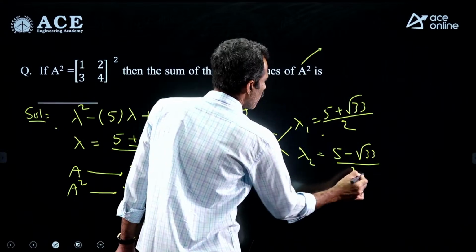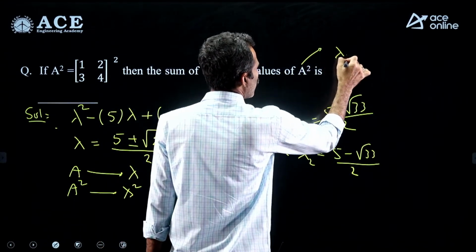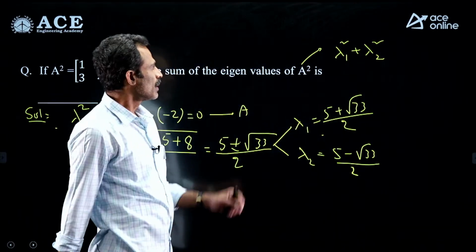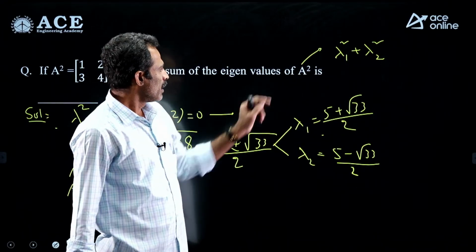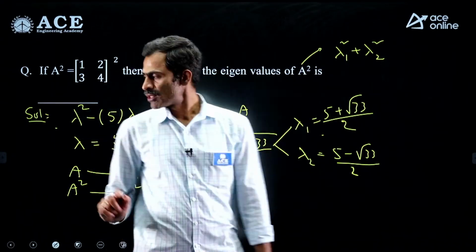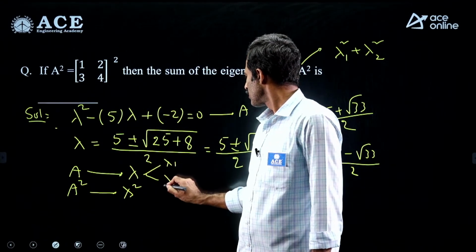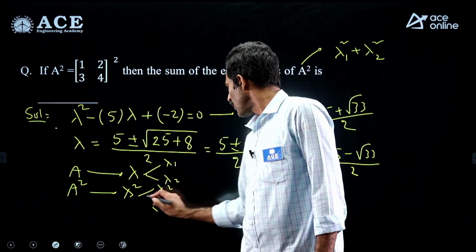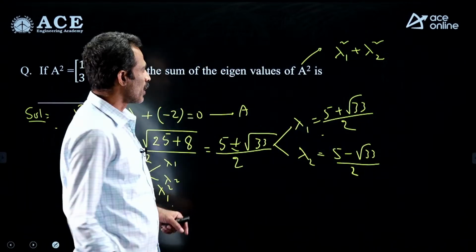For A square, the sum of the eigenvalues is the same as lambda 1 square plus lambda 2 square. If lambda 1, lambda 2 are eigenvalues of matrix A, then for A square the eigenvalues are lambda 1 square and lambda 2 square. So we just square and add these two.